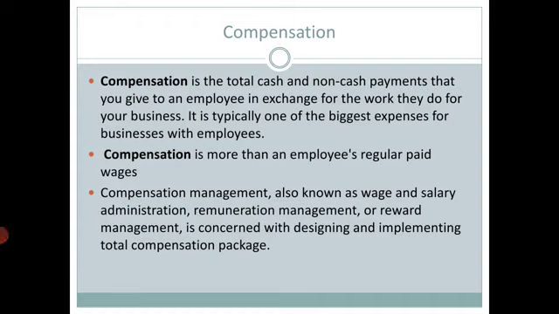So here in this unit we will be studying compensation management. What is compensation management? It is also commonly known as wage and salary administration, then remuneration management or reward management, in which a compensation package is designed for the employee. Why is such a compensation package designed?